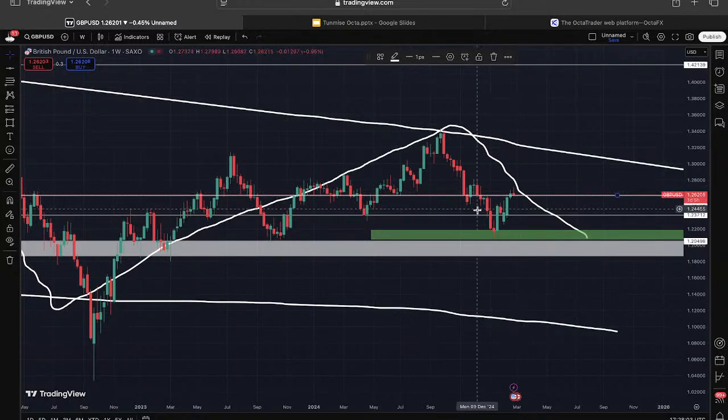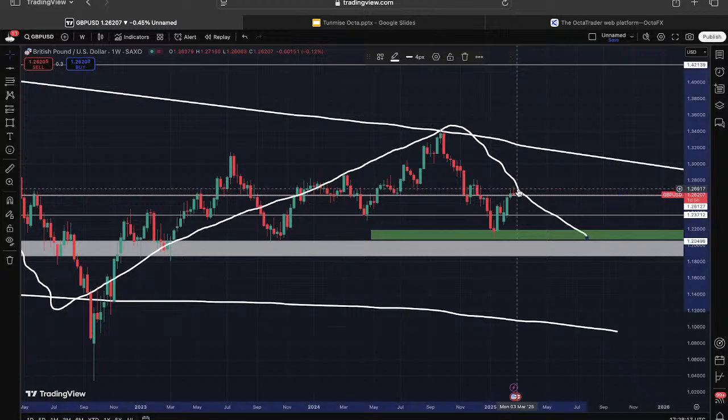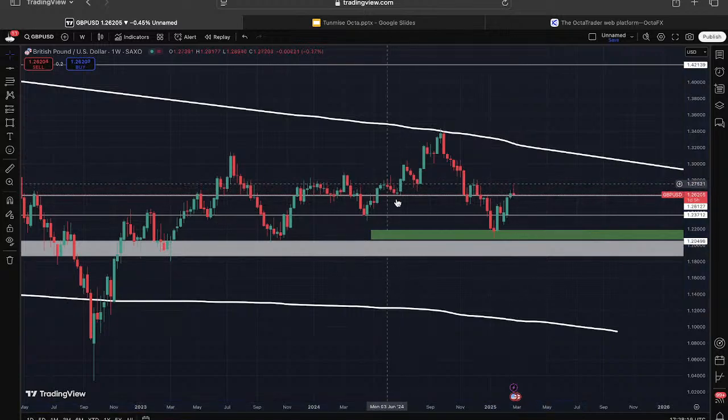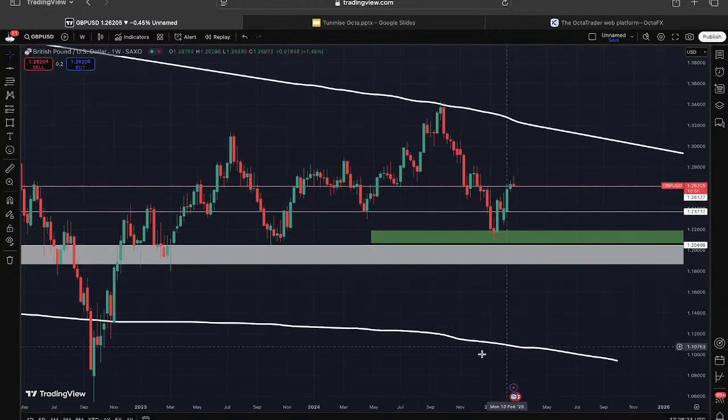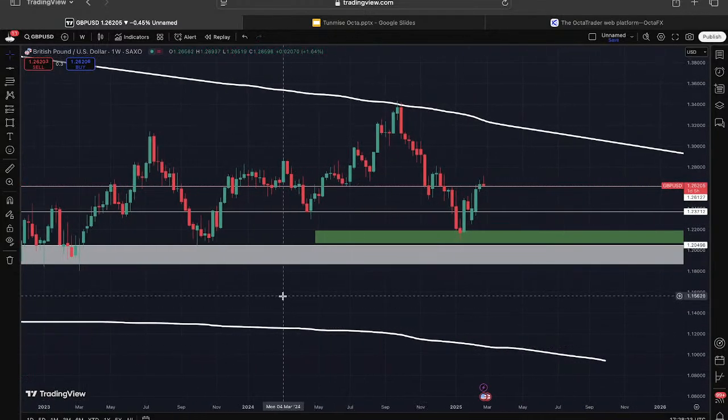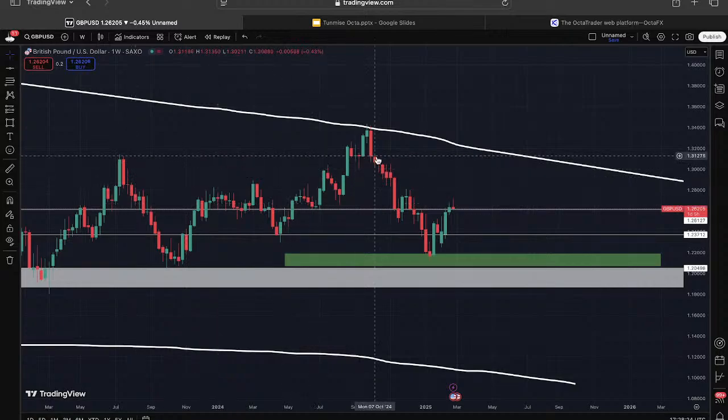Equally, we can see how price has broken out a bit from it, but struggling to finally have a final push out from that level. So let me take this off. Look at what we have here on the GBP chart.